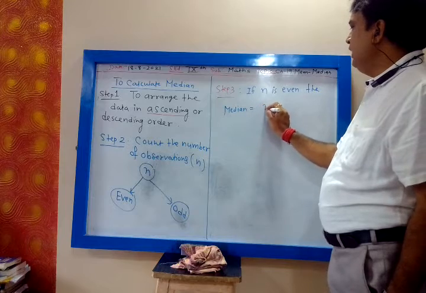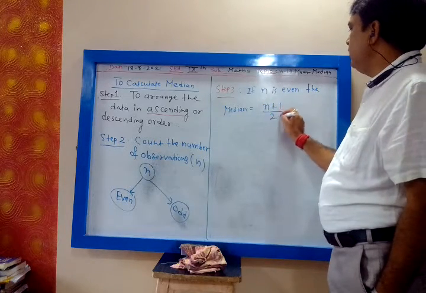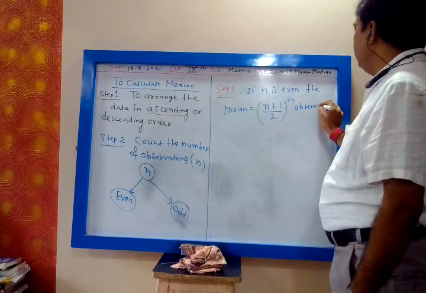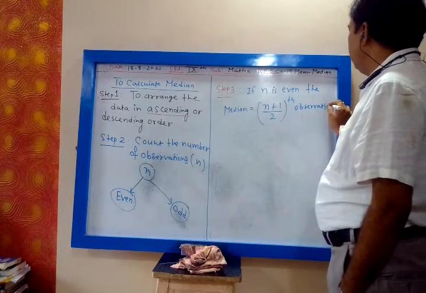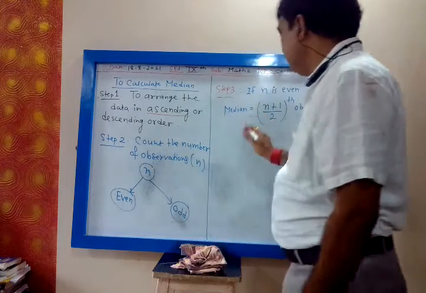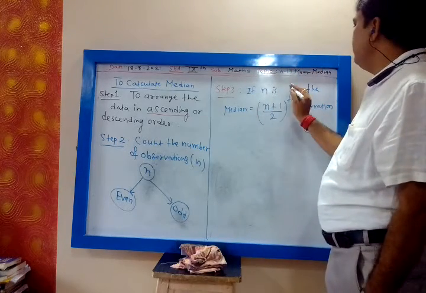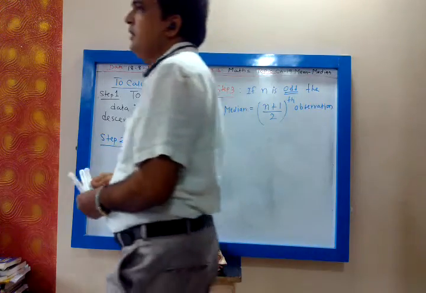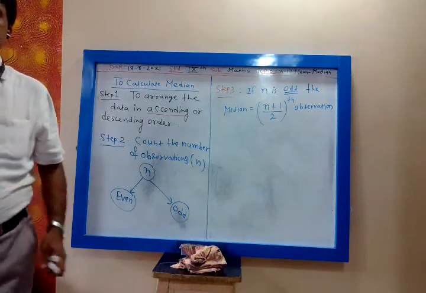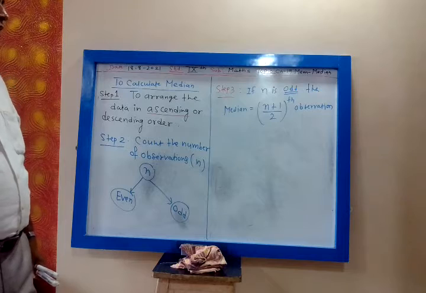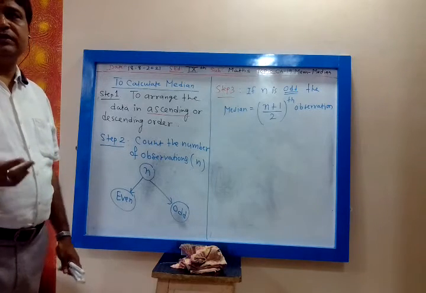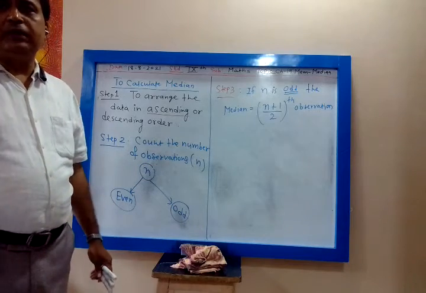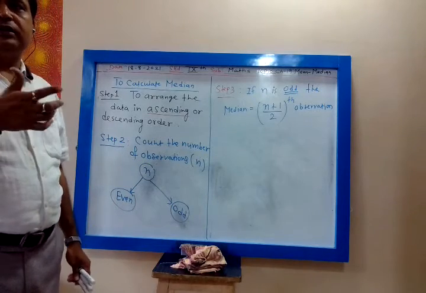If n is odd, then median will be n plus 1 upon 2th observation. It will not be n plus 1 by 2. It will be n plus 1 upon 2th observation.